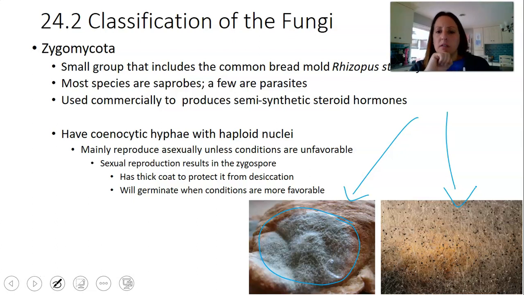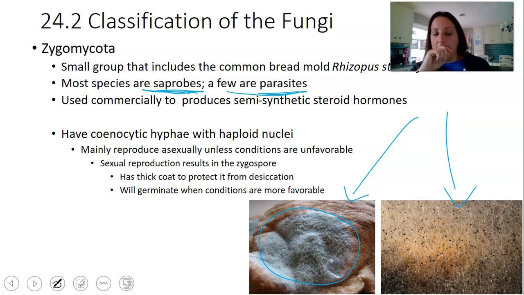Most species of Zygomycota are going to be saprophytic, saprobes, meaning that they feed on dead, decaying matter. Okay. Few are parasitic. Some species are used commercially to produce hormones.